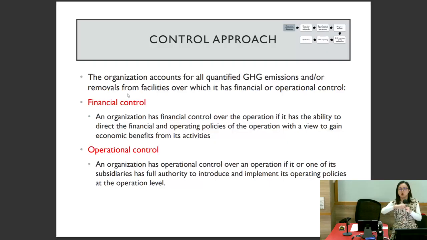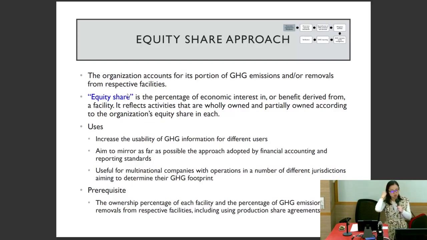So either 100% or 0% for the control approach. But for the equity share approach, it is based on the percentage of the share. So the emissions is based on the percentage of the share. Equity share is the percentage of economic interest.